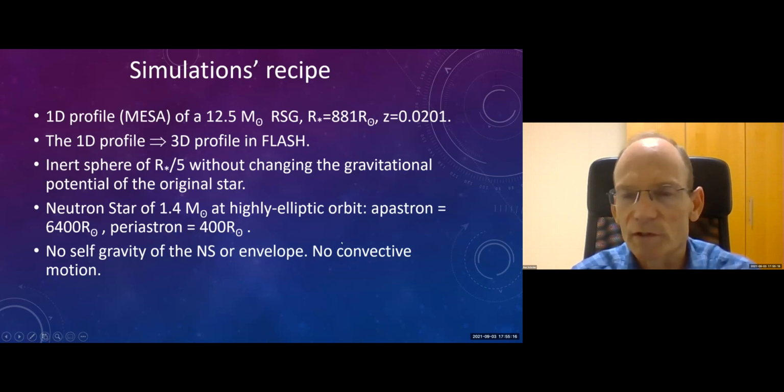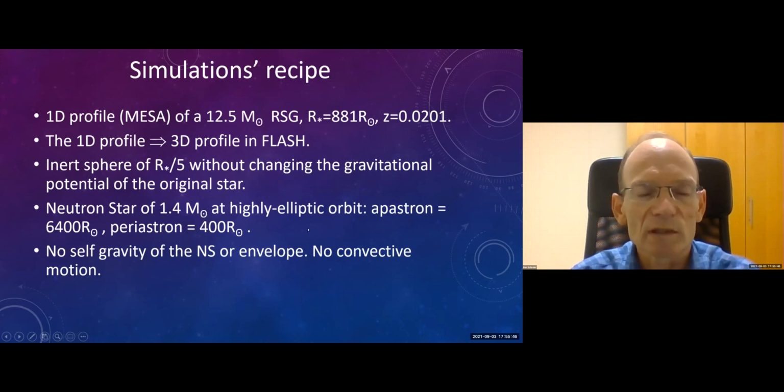In order to avoid small time steps, we make the inner 20% of the star inert, which means we do not change the density, the pressure, and the temperature there, but we do not change the gravitational potential of the original star. The neutron star itself is 1.4 solar masses, as I showed before, on a highly elliptic orbit.